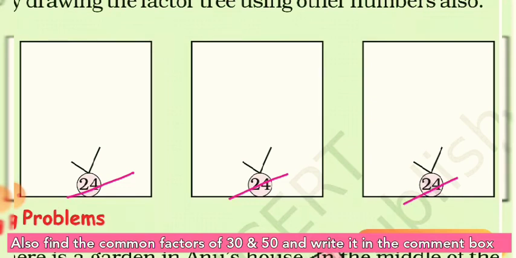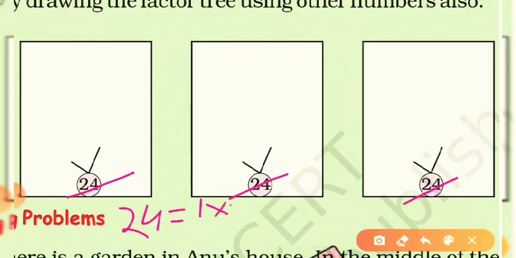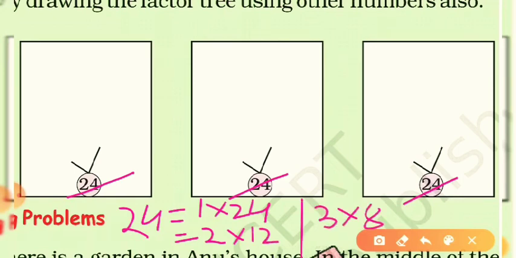So for that, what will we do, students? First we will find the factor pairs of 24. First is 1 into 24. Next will be 2 into 12. Next are 3 into 8. And next are 4 into 6. So these are the factor pairs that we can take.